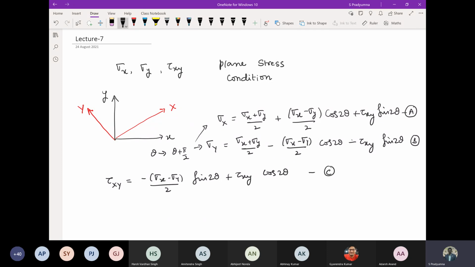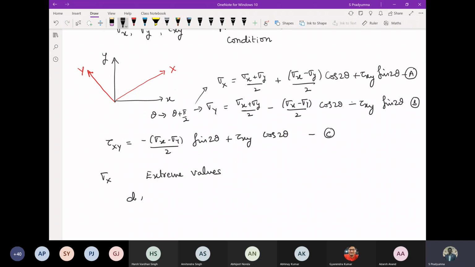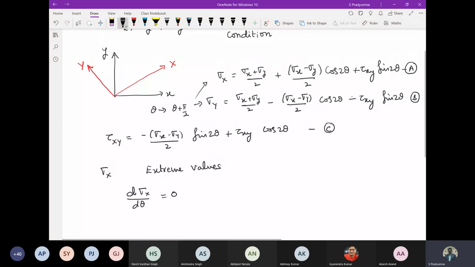By considering the equation for sigma x, we want to find out the extreme values for sigma x or sigma y. What we did was we took the derivative of this with respect to theta and equated it with 0, and we found that tan 2 theta was equal to 2 tau xy by sigma x minus sigma y.